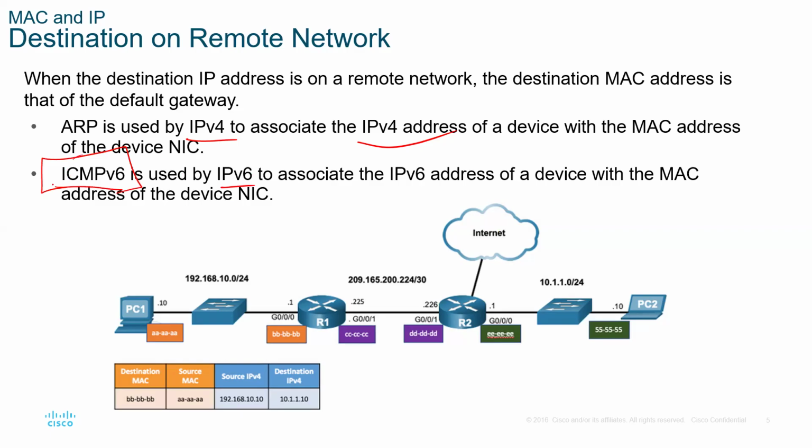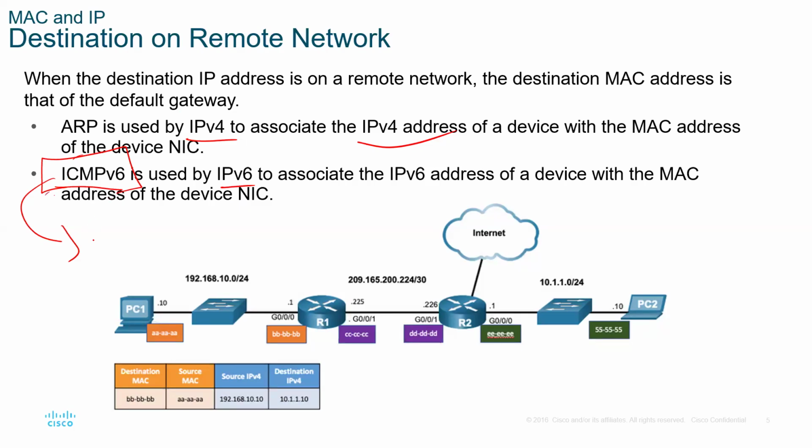It's just a set of messages which we'll talk about later. We have neighbor solicitation, NS, and neighbor advertisement, NA. Then another common one, router solicitation and router advertisement. We'll talk about those messages. They're just part of this ICMP version 6 protocol.